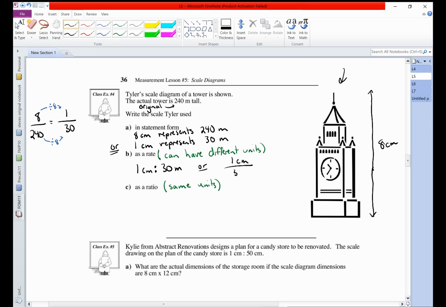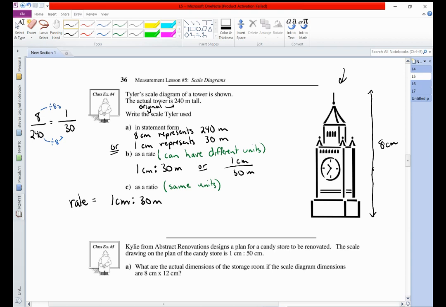When we write it as a ratio, we want to have them in the same units. So it's actually easier to convert the meters than the centimeters. So we know the rate is 1 centimeter is equal to 30 meters. And we just want to convert them so that they have the same units.